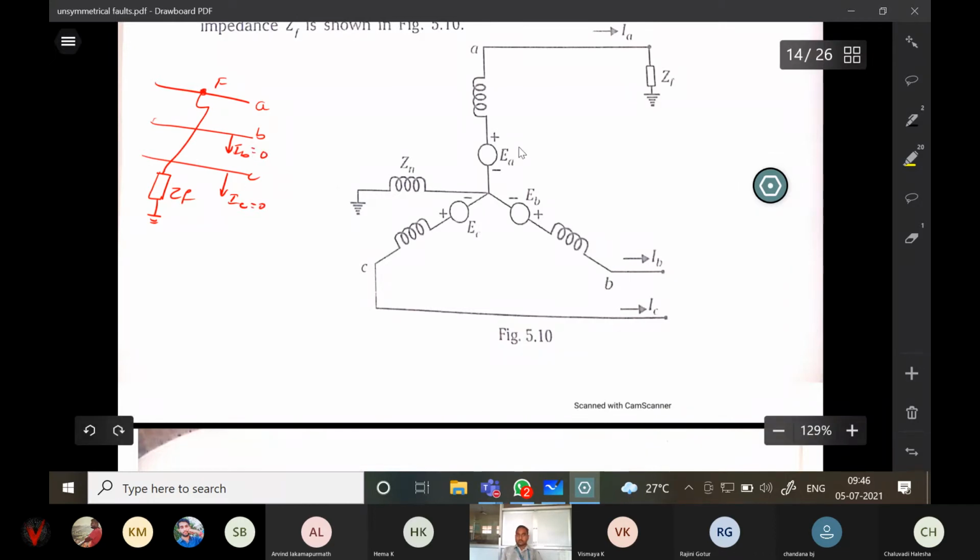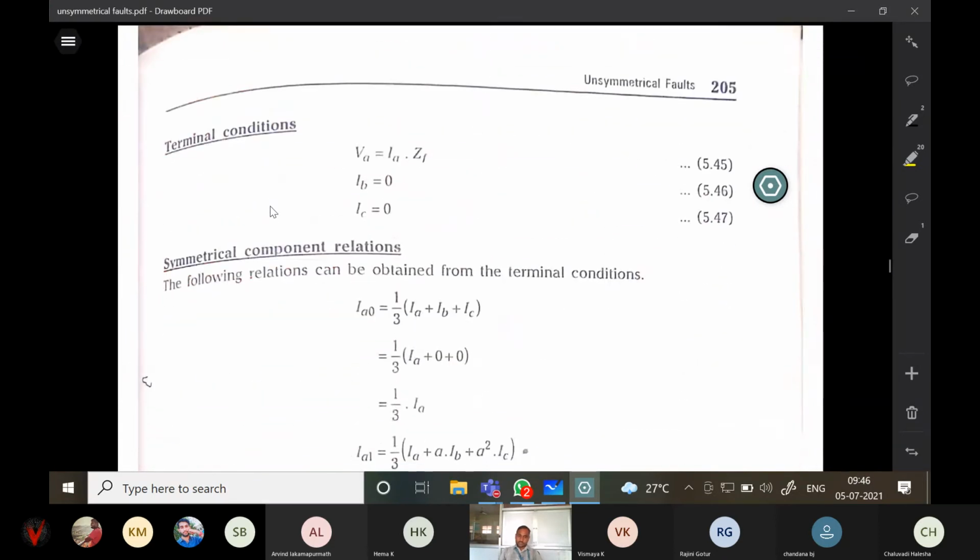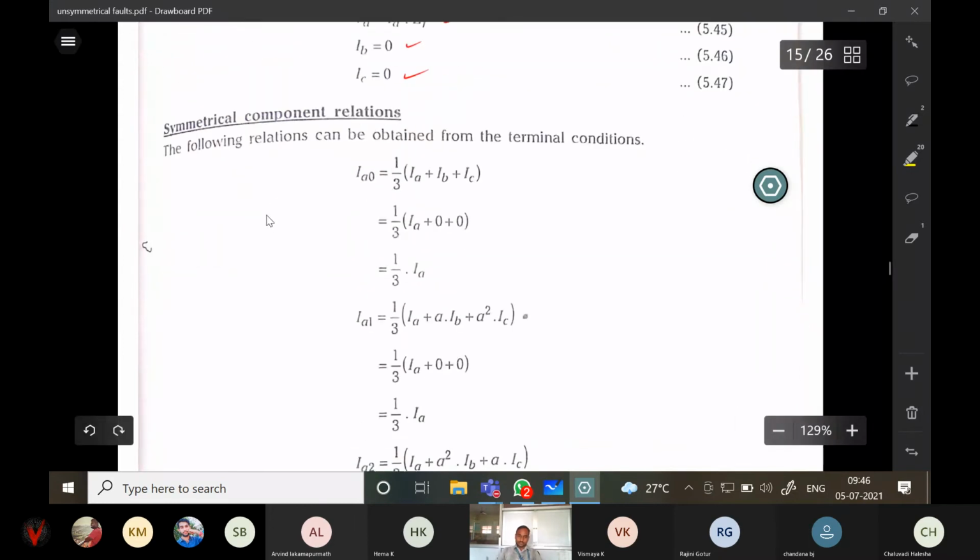Instead of the earlier diagram, we need to draw this diagram. The remaining derivation is the same. The terminal conditions are IA into ZF, with IB and IC zero, and the symmetrical component equations are also the same: IA0 is one third of IA, as in the previous derivation. Everything is similar.